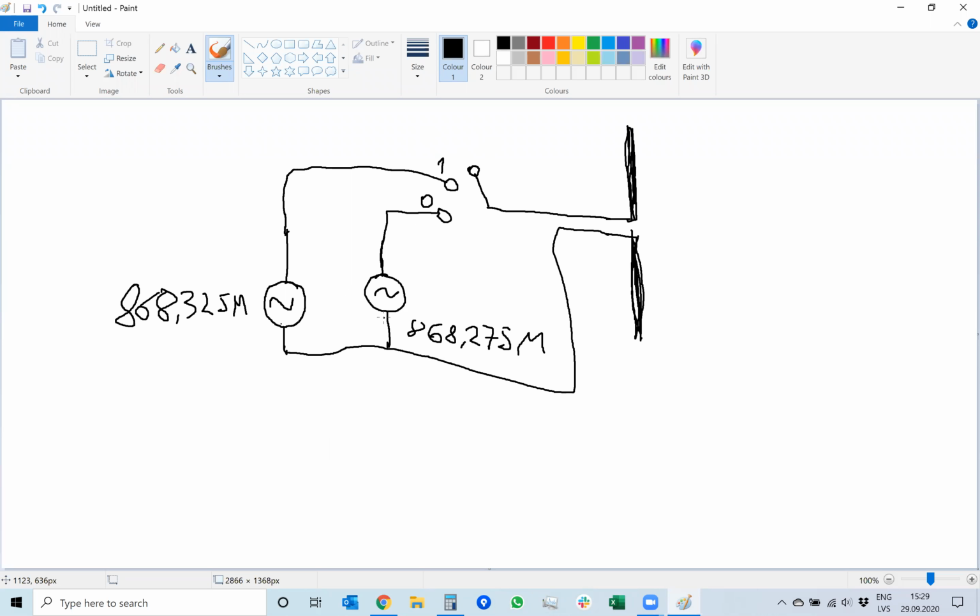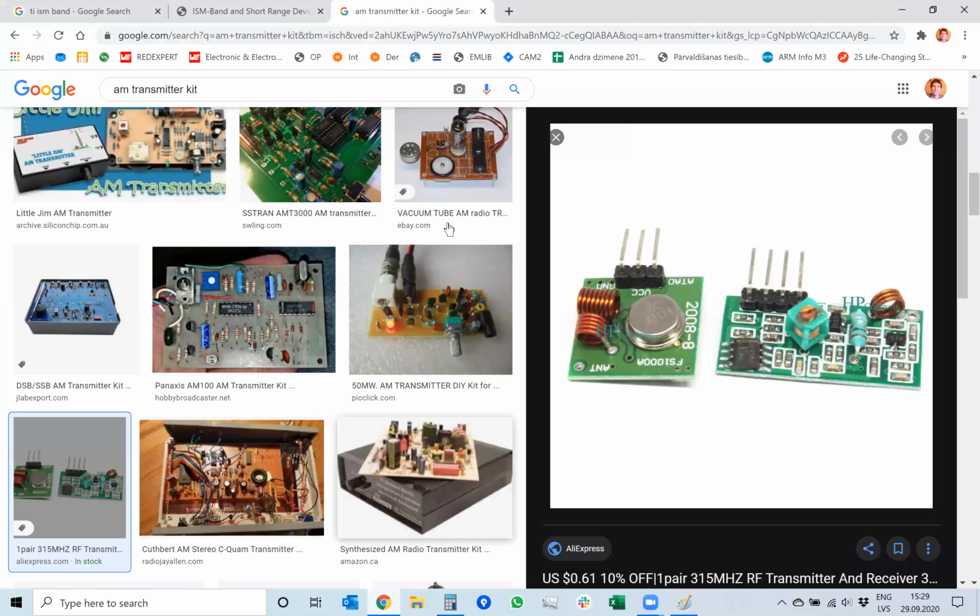So is it possible to somehow use one oscillator to do both things? Fortunately it is possible, because people have invented an oscillator which you can control with voltage. It's called a voltage controlled oscillator.